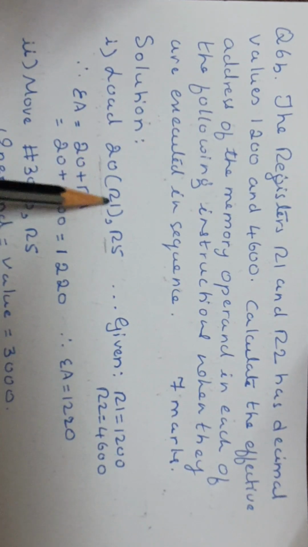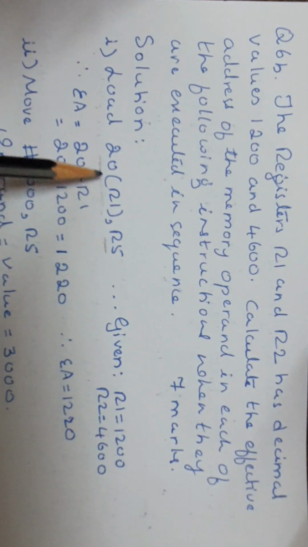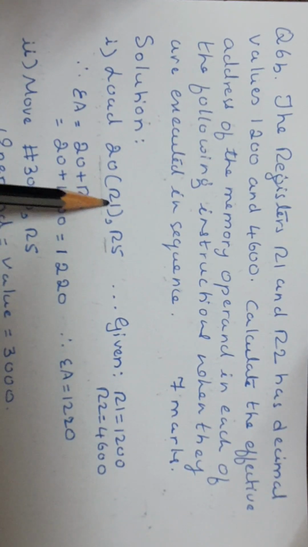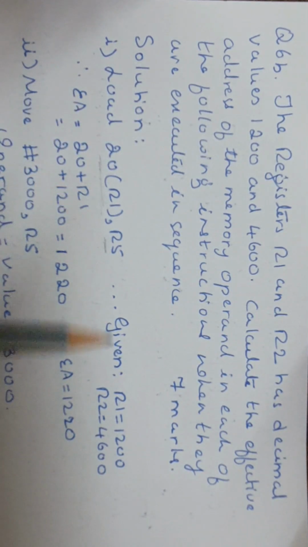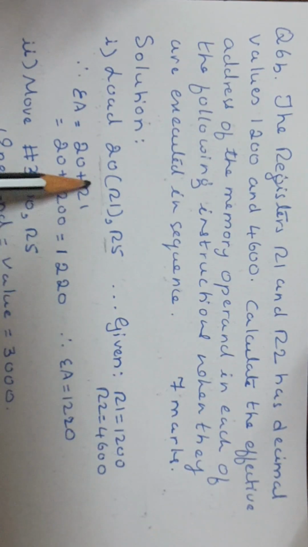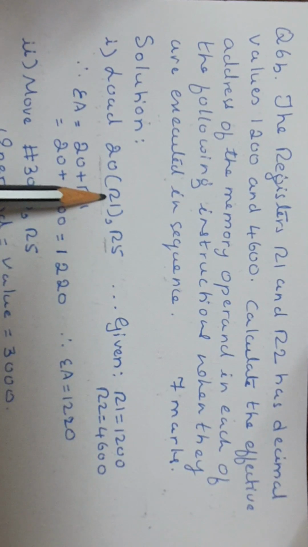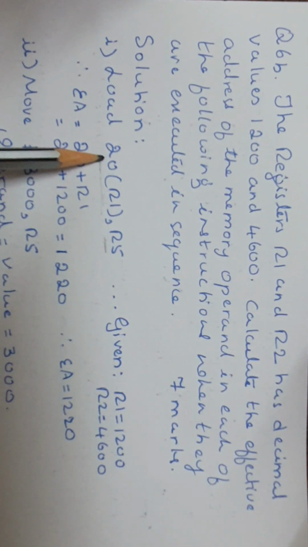Here 20 in bracket R1 means this is the indexed addressing mode. In brackets means R1 is holding some memory location address. So what is given is R1 equal to 1200. So 1200 is the memory location address, and that is added to 20.